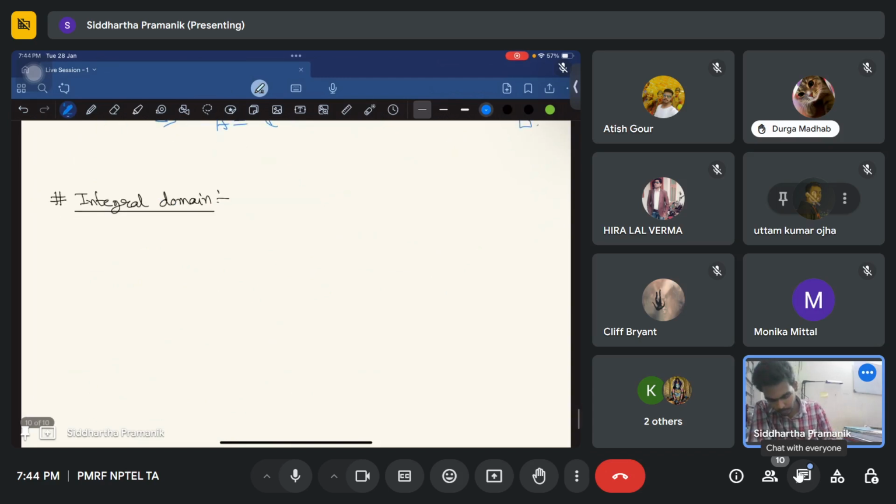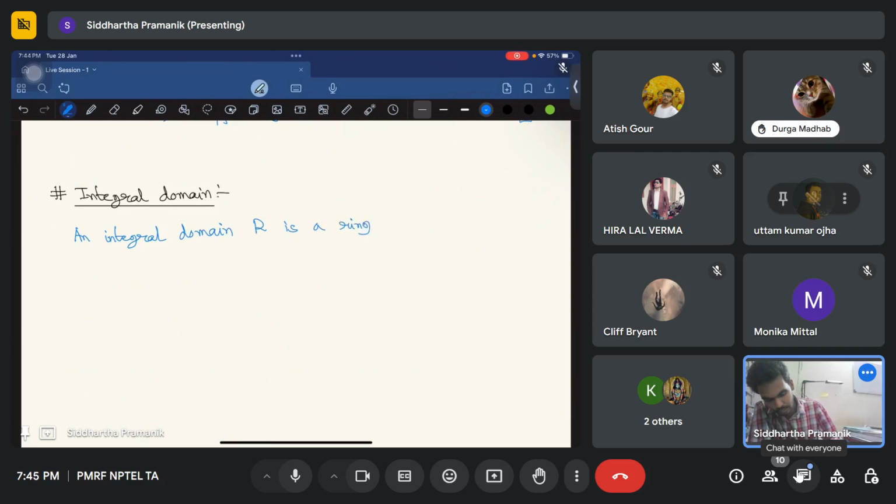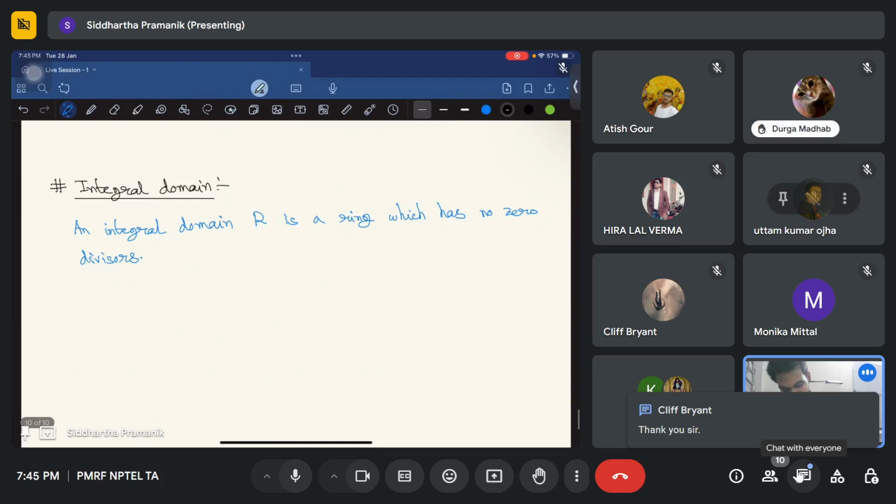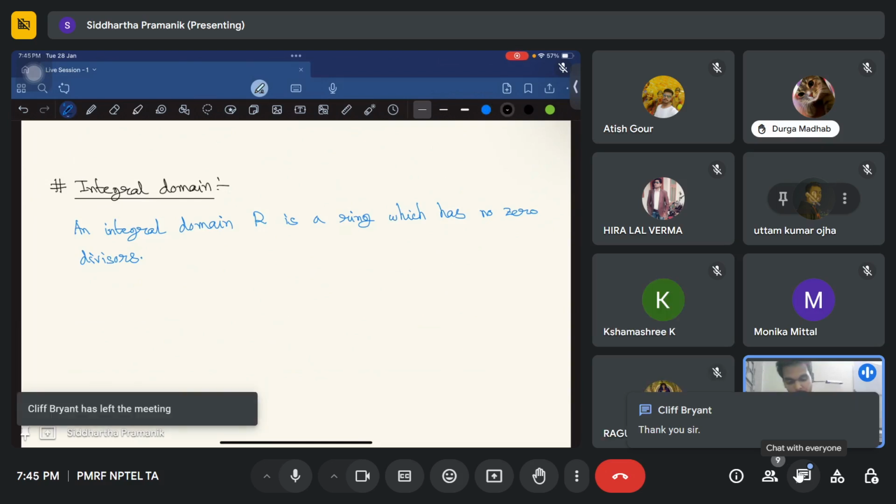An integral domain R is a ring which has no zero divisors. So if a ring contains no zero divisor, then we call it an integral domain.